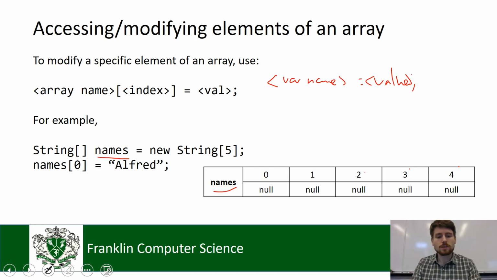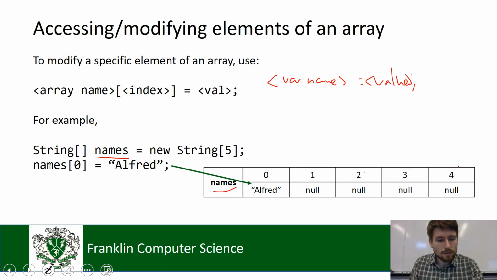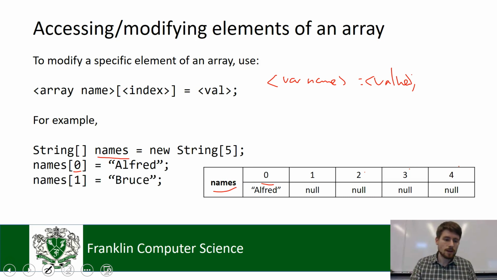names[0] equals Alfred. If I write this line of code after initializing the array, then we're going to put Alfred into the element at index 0. That index matches up with the location of the element that we're changing. So now Alfred is stored in the first box.